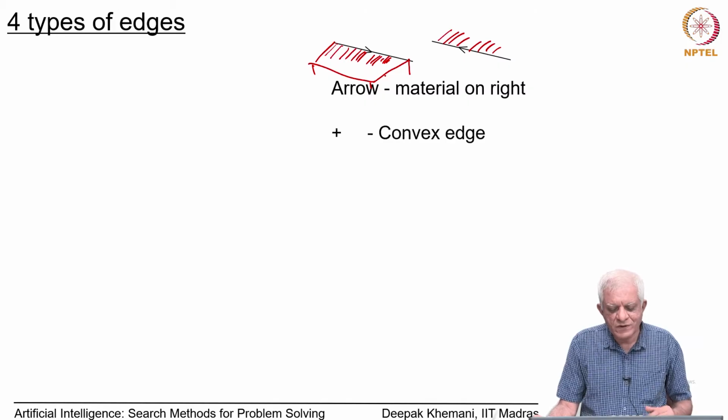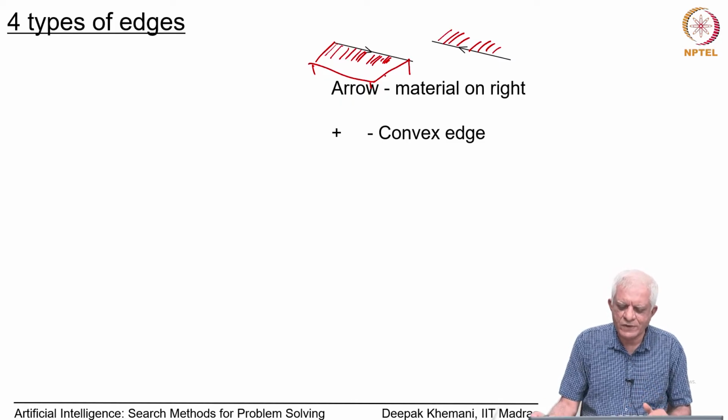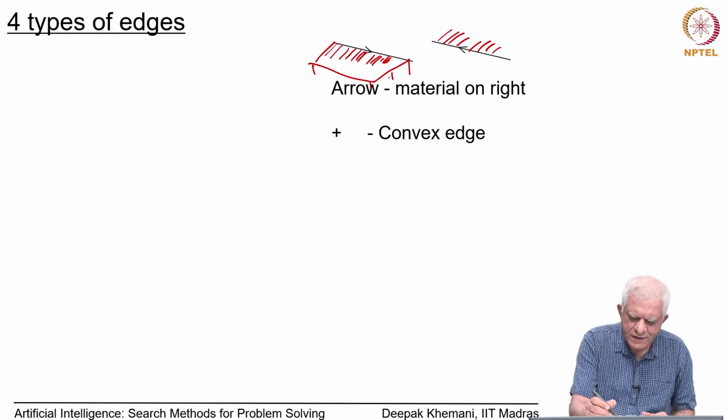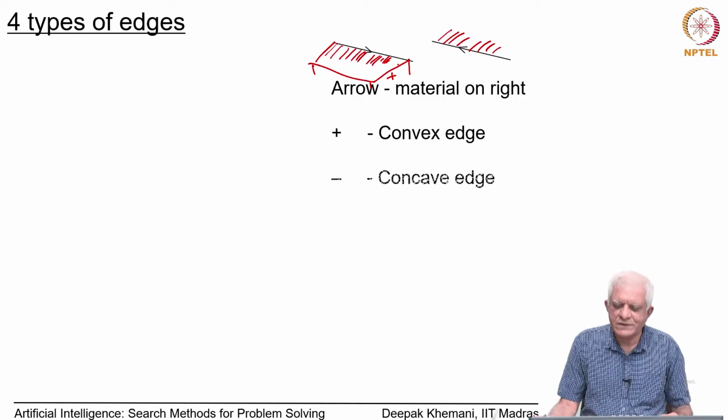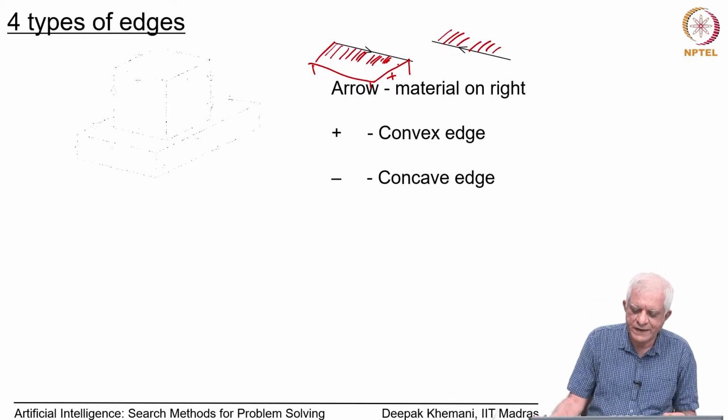Then we have a convex edge, which tells you that the two planes which are defining that edge form a convex body. So, this particular thing could be labeled as a convex edge here, and we have correspondingly a concave edge.